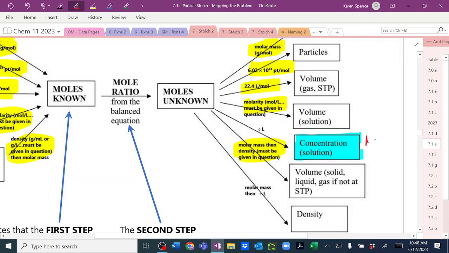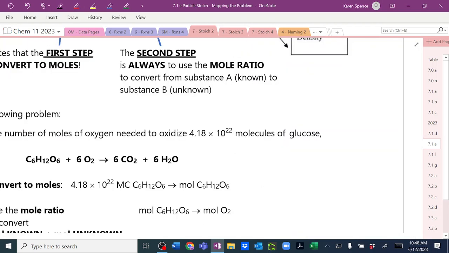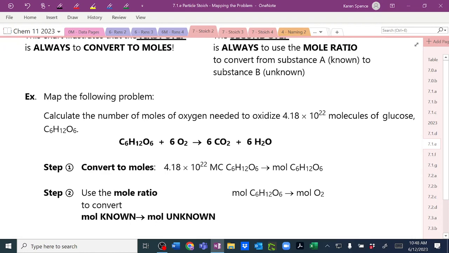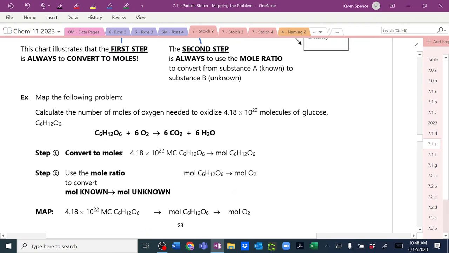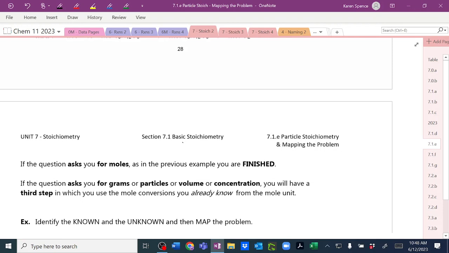Molarity, which is moles over liters. So are you going to convert there? No, you are going to divide by liters to find the concentration. Okay? I don't think we need to do that.